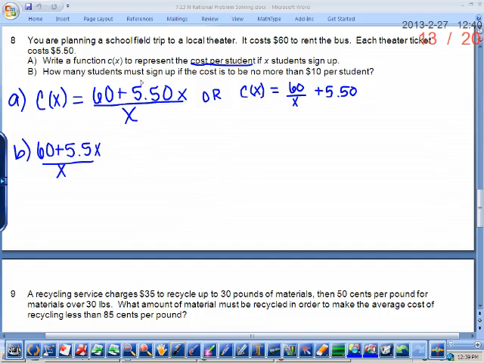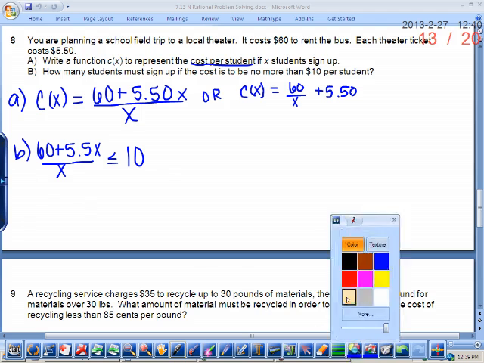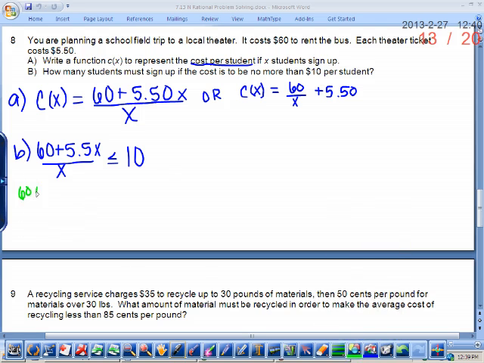No more than. What does that mean? Less than or equal to 10. Everyone okay on that? All right, so this is an inequality, right? So we rewrite it as an equation. Set it equal to 10, and we would solve.